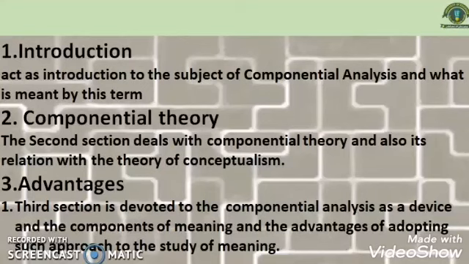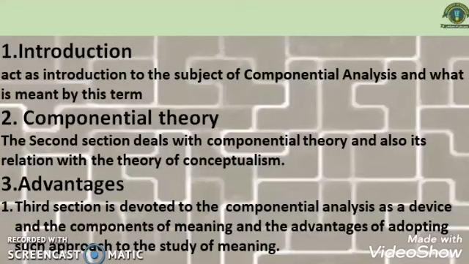Secondly, componential theory. This is the second important point, which deals with componential theory and its relation with the theory of conceptualism: what the concept has been given and how this theory has been worked on there.